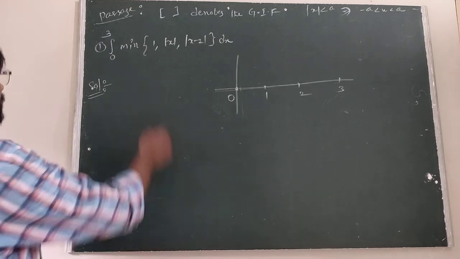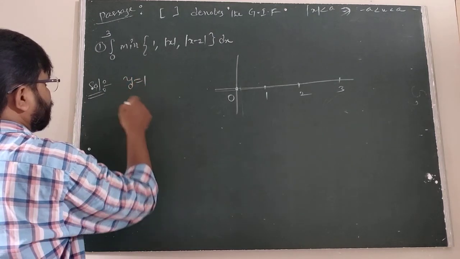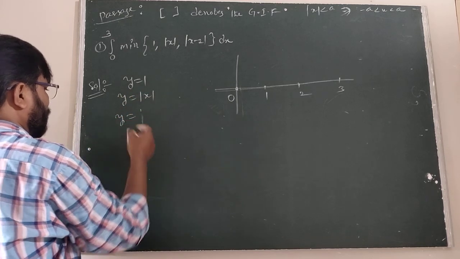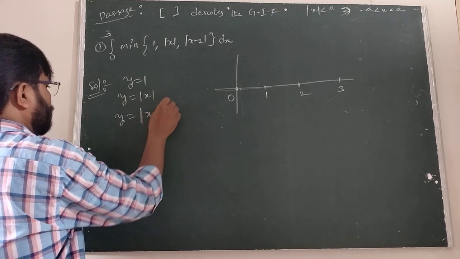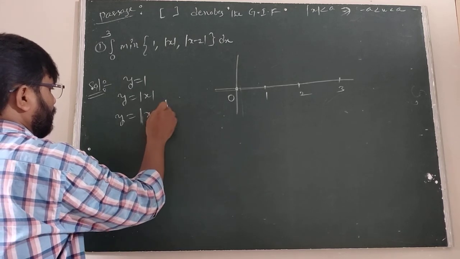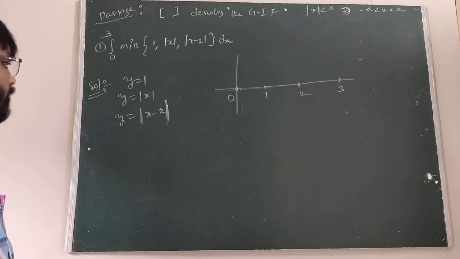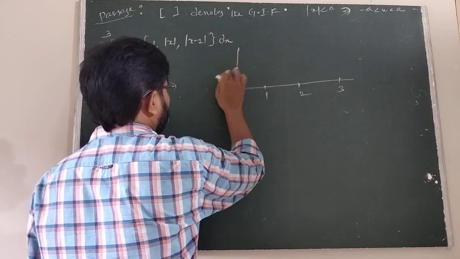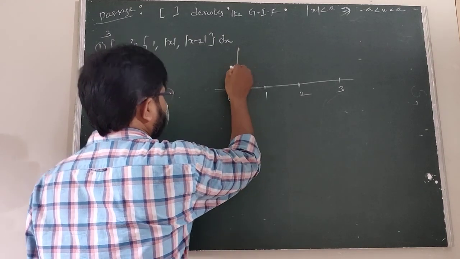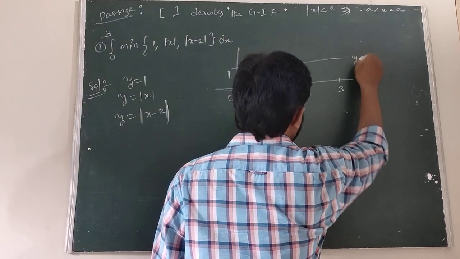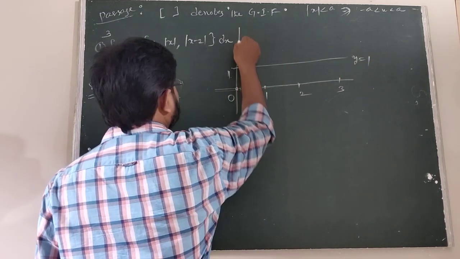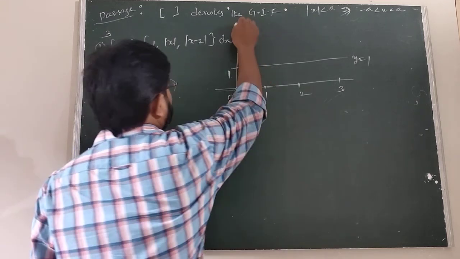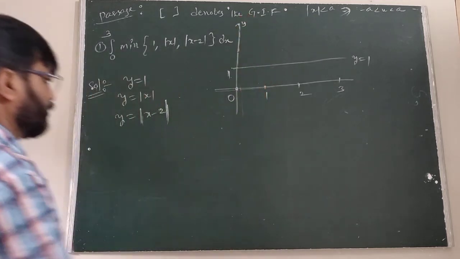Therefore, we have to know the first function y equal to 1, then y equal to mod x, then y equal to mod of x minus 2. Is it clear or not? Yes. First, y equal to 1. When we are taking the 1, this is called y equals to 1, undoubtedly.